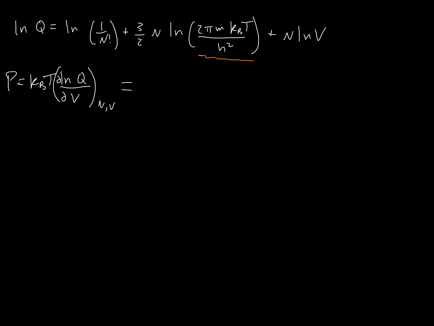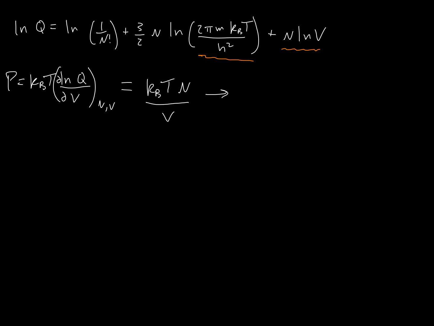So we get rid of everything that's not a function of the volume. Pretty much everything except the whole right-hand term. Only the very last one. So we have kBT. And so what is the partial derivative of this term here with respect to volume? 1 over V, I think. Yep. Well, it's N times 1 over V.